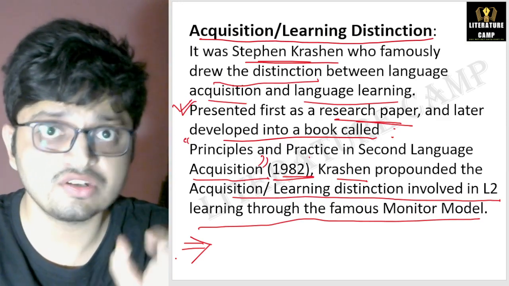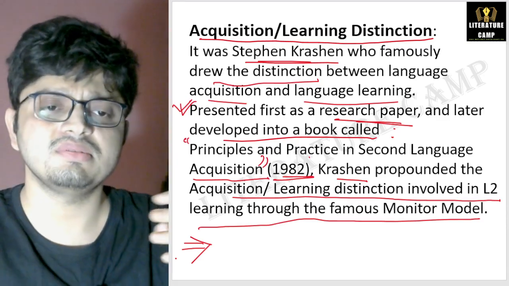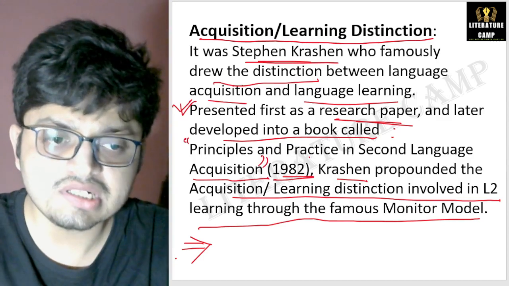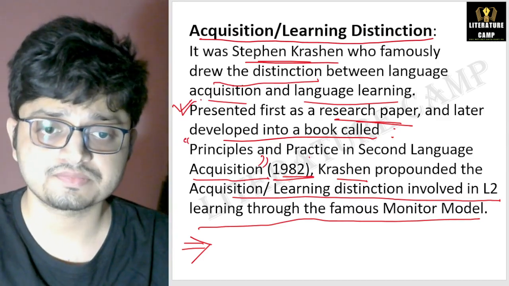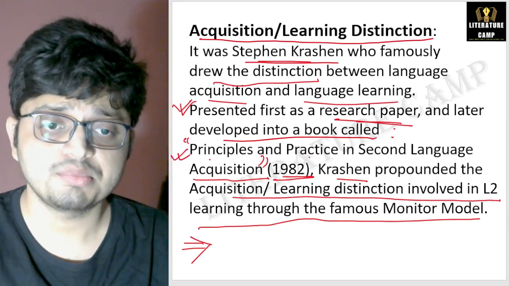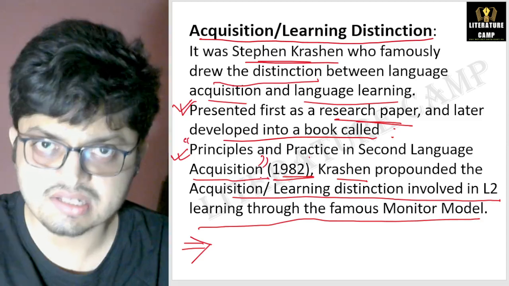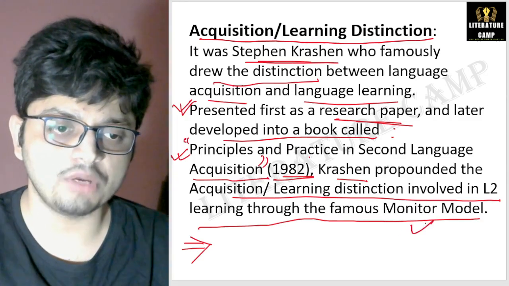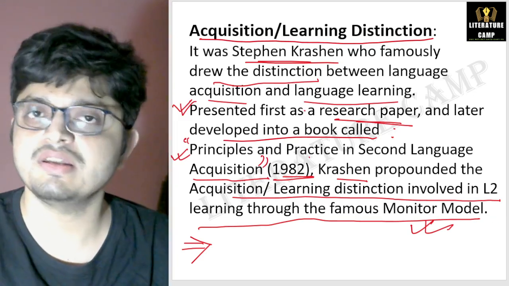So it is Stephen Krashen. He propounded this concept of the monitor model hypothesis in his book Principles and Practice in Second Language Acquisition, published in 1982. So please make a note of this monitor model hypothesis of Stephen Krashen.